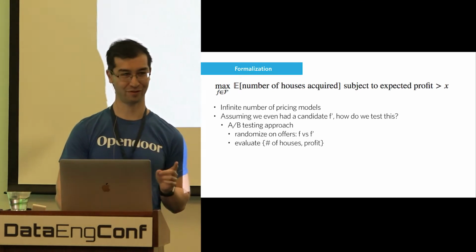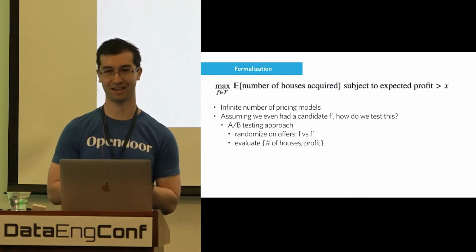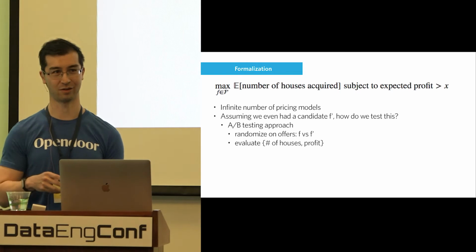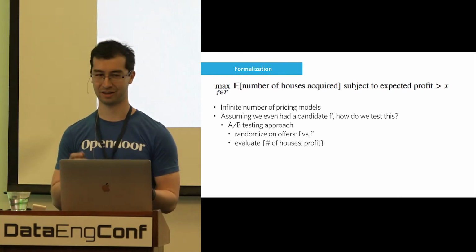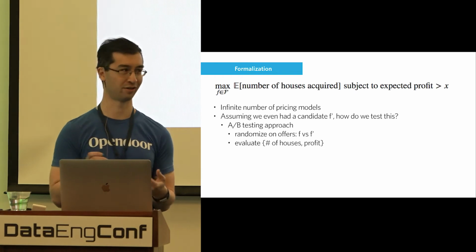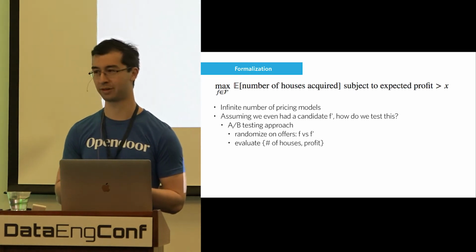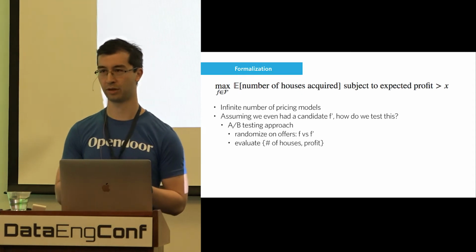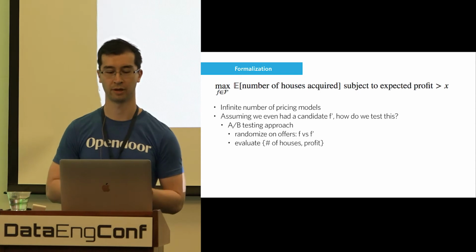So there are a number of issues with this. The first is that if you think about all the different ways that you could measure risk and charge for houses, even basic parameterizations are infinite dimensional. So how do you know which ones to even consider? You can model various parts of the problem, so you can have a liquidity model and then a pricing model.